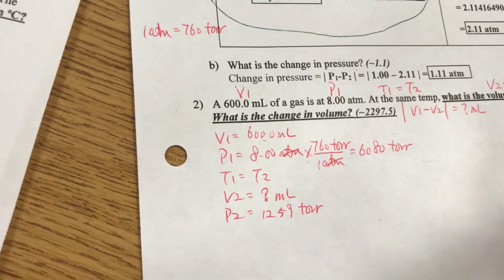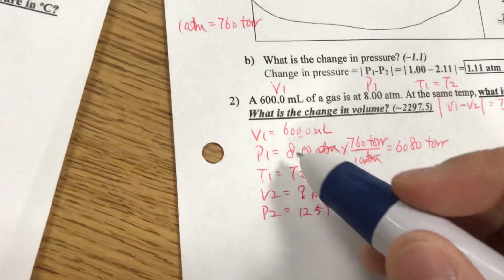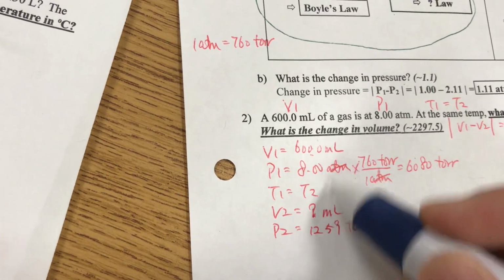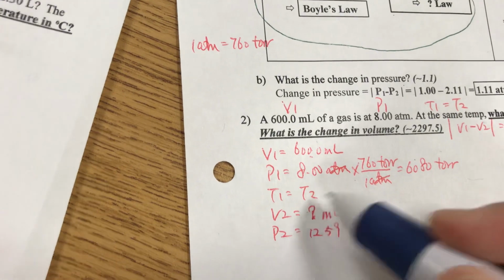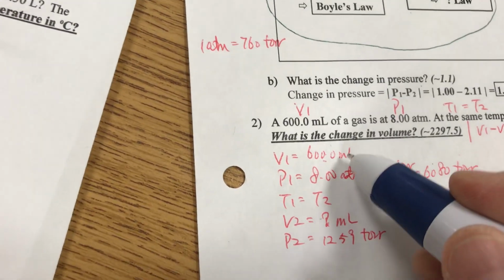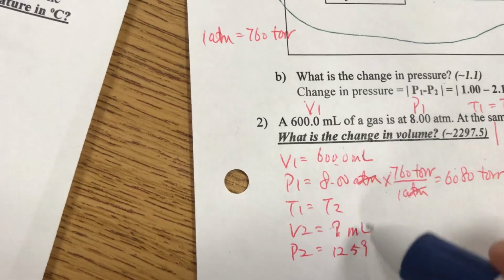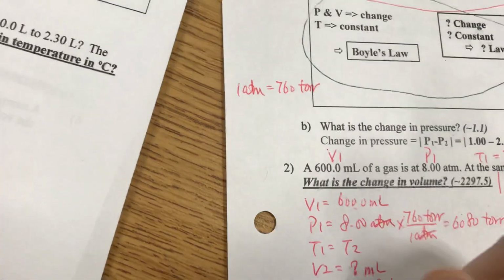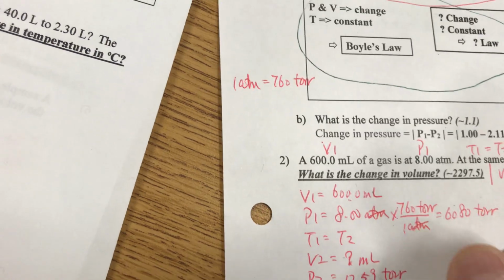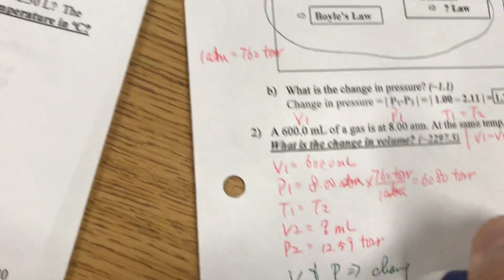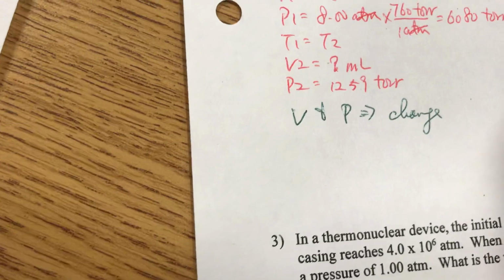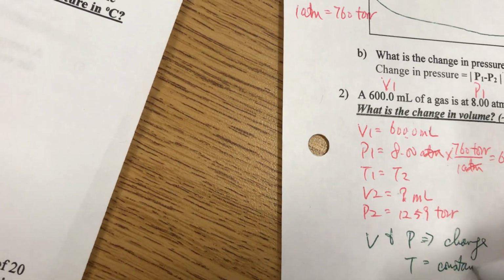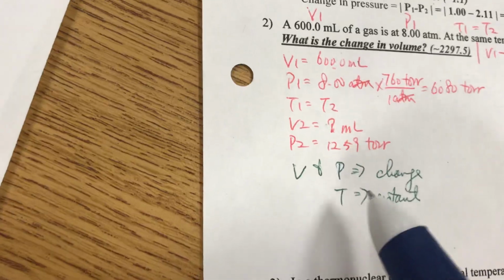Because my pressure changes and my volume also changes, right? Because my V2 is a question mark, that means my V2 is definitely different from volume 1. So my V and my P change, and my temperature is constant.